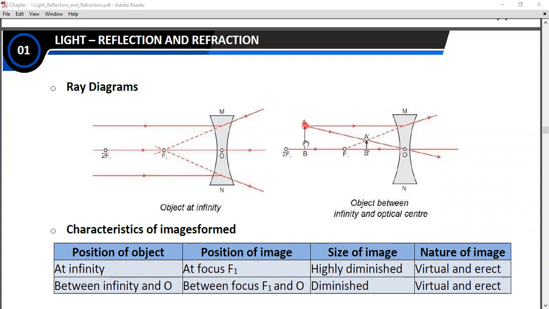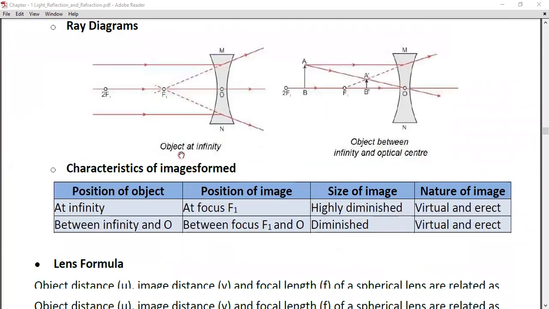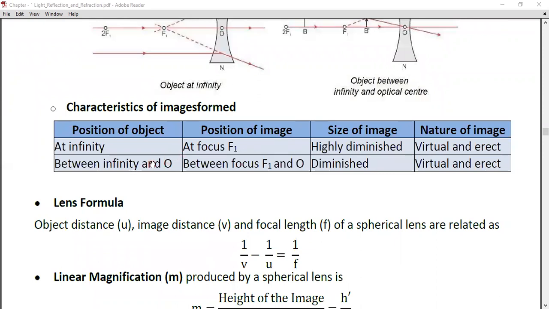That means for an infinite object, all the time you will expect the image at the focus. Suppose you take an extended object kept between infinity and optical center, then in this case, after refraction, you will expect that a virtual image is forming between F1 and O. Every time, as long as the object is between infinity and optical center, the image is expected between F1 and O. So in the case of the concave lens, we have only two situations for understanding image formation.